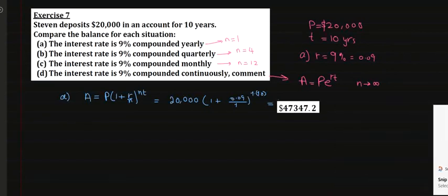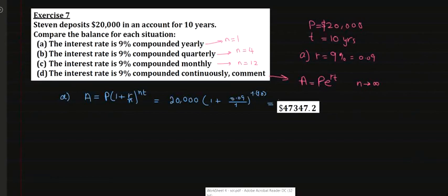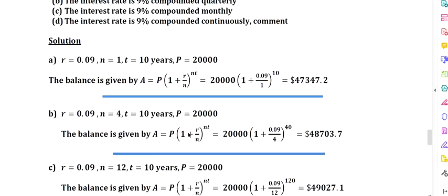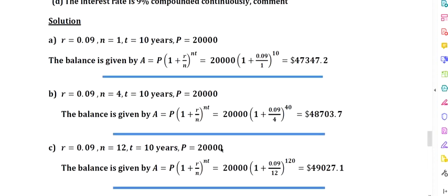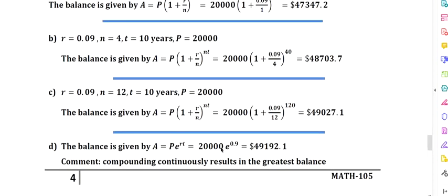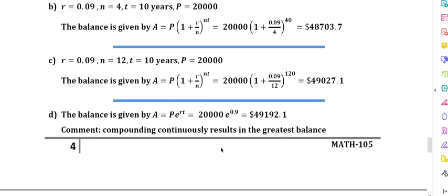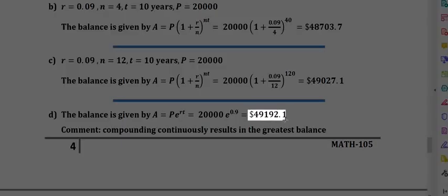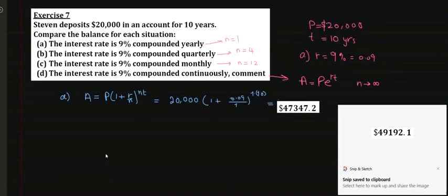And we apply the same with changing the n amount in every part, like we do here. Change just the n into 4 in the quarterly, and then into 12 in the monthly, and the continuous one in the E. Let me take the final result and do that continuous part as well.